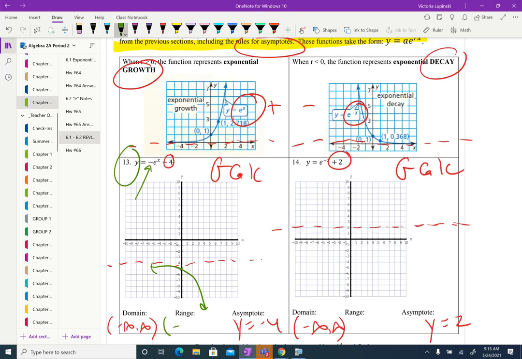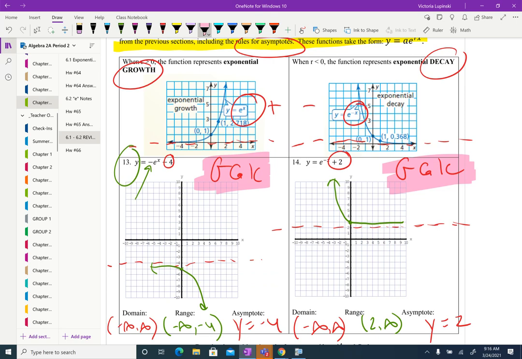That means that the range is underneath -4, which is -∞ to -4. Over on the right, you're going to get a graph that looks like this, which means that the range is above 2. And again, if you want to confirm these, just use the graphing calculator. I'm going to run out of time.